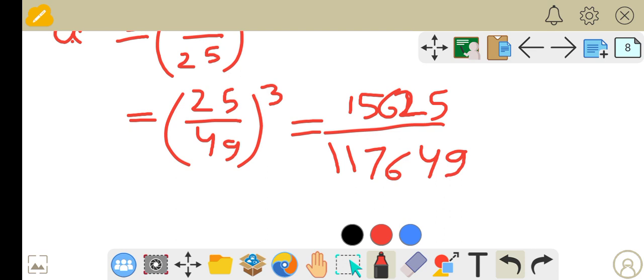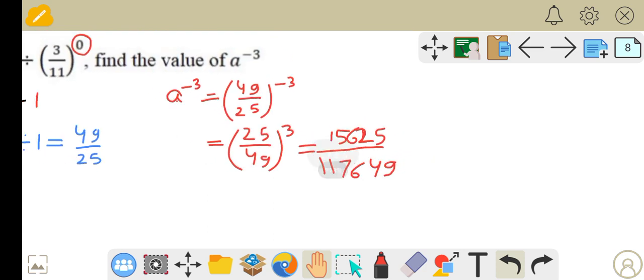This is just calculation, but we need not calculate it in such a way.